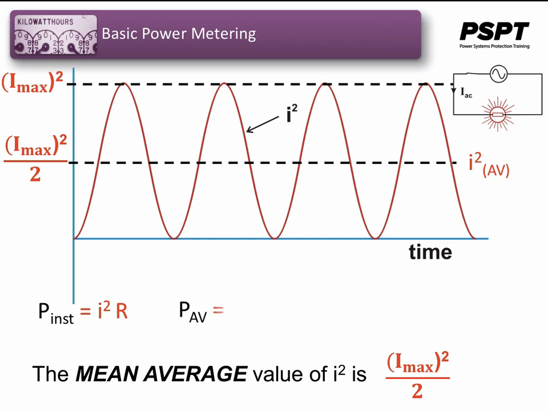If we wanted to find the average power, we could find it by simply multiplying the average value of I squared times R, such that P average is equal to I squared average times R. But we know that I squared average is equal to I max squared over 2. So the average value of power, P average, is equal to I max squared over 2 times R.